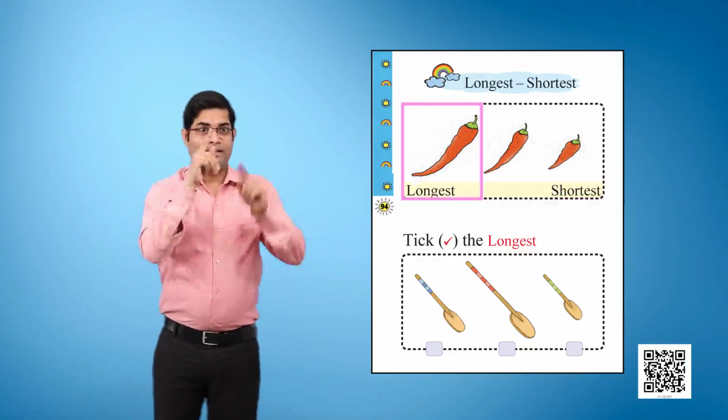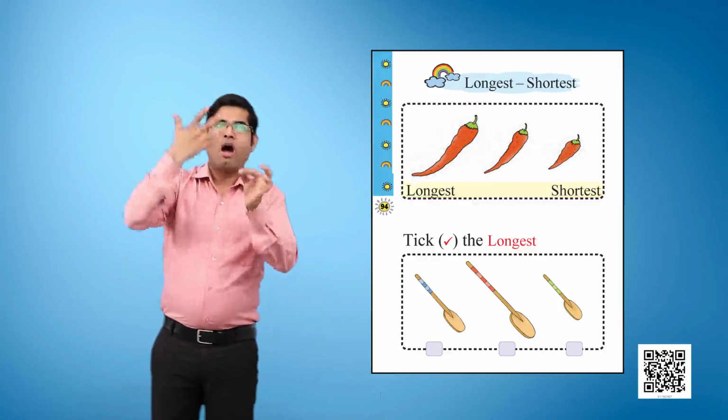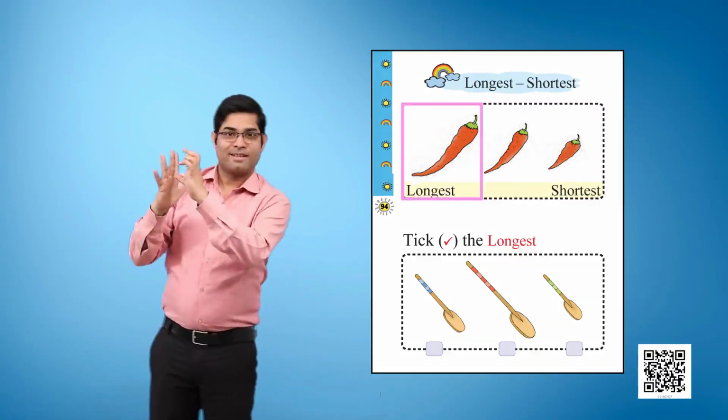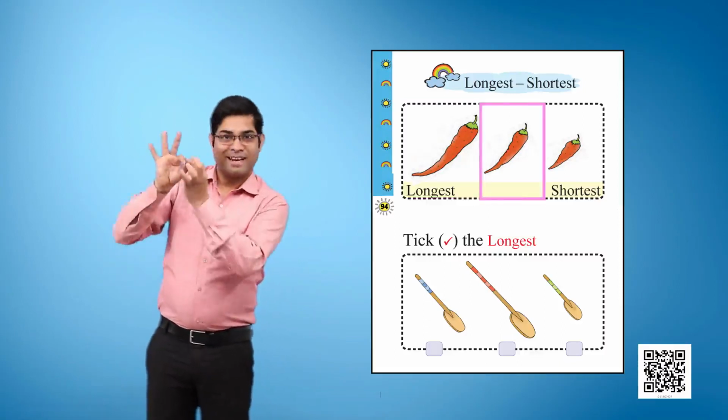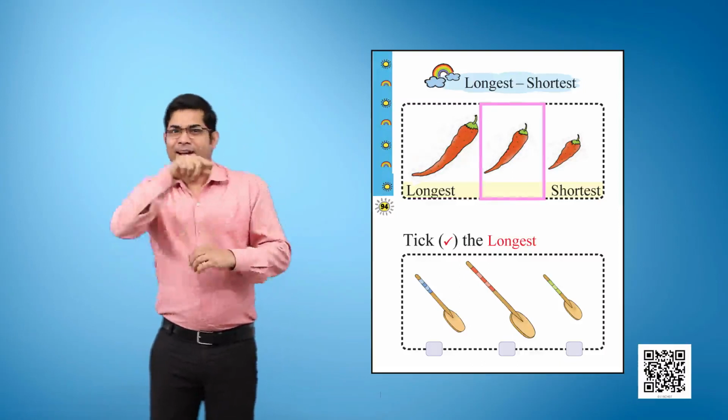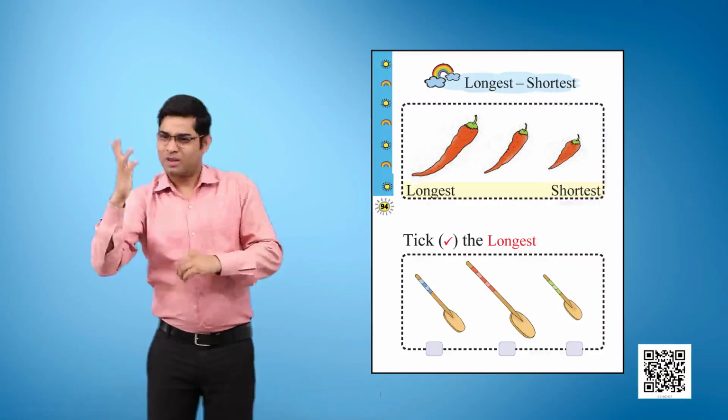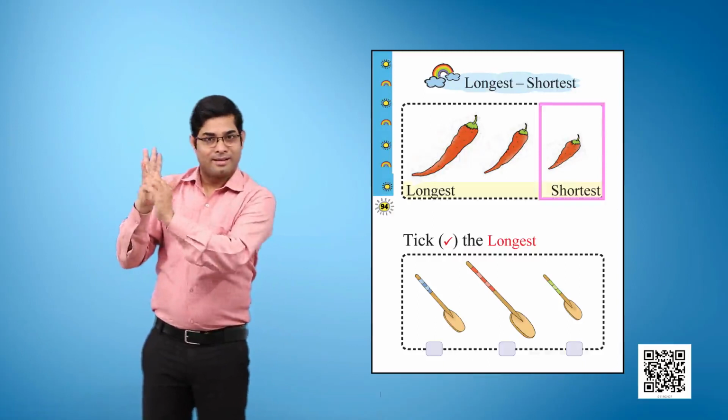Chili 1 is as long as your middle finger. Chili 2 is as long as your ring finger. And chili 3 is as long as your little finger.